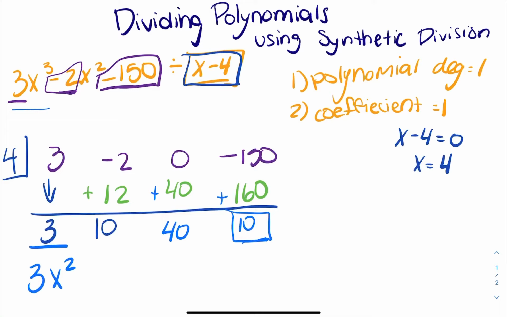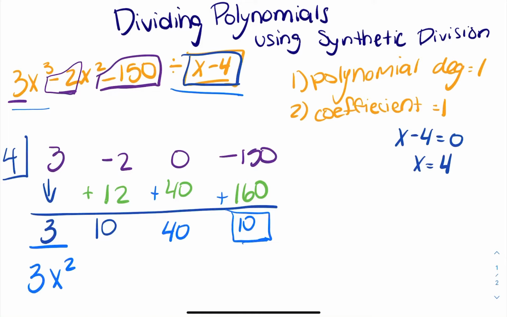Because essentially what you're doing is dividing by x minus 4. So if you're taking out an x, logically you're going to go down an x because you're taking one out of the problem.